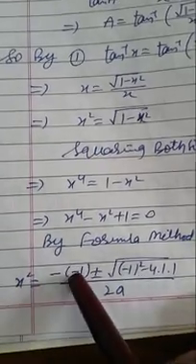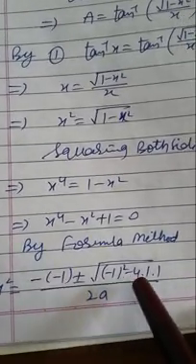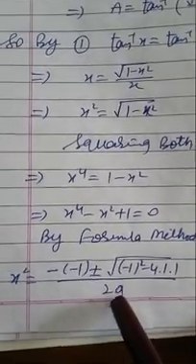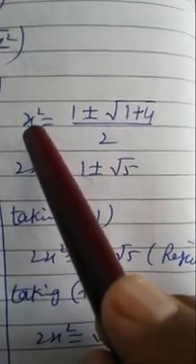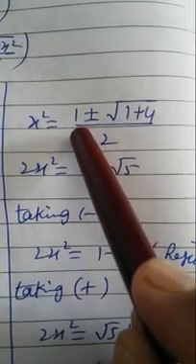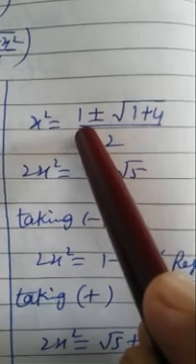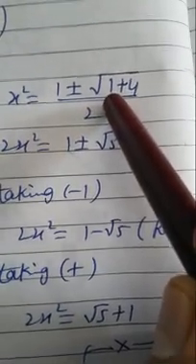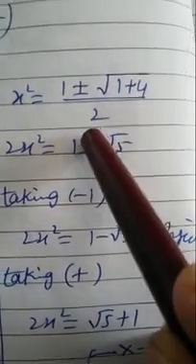By the formula method, x square is equal to minus b plus minus under root b square minus 4ac upon 2a. This is the formula of the Sridhar-Acharya method in class 10th. Now x square is equal to minus 1 plus minus under root 1 square, which becomes 1, plus 4, upon 2.